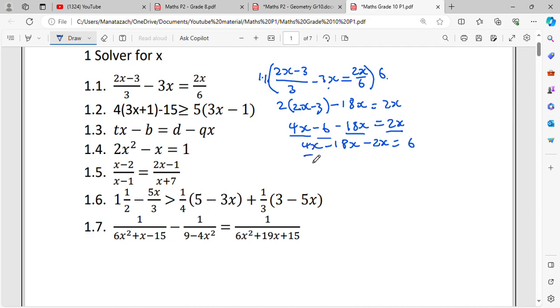Then you'll have 4 minus 18, which is minus 14 minus 2. So here you'll be left with minus 16, right? So it's minus 16x is equal to 6. Then you divide by minus 16.